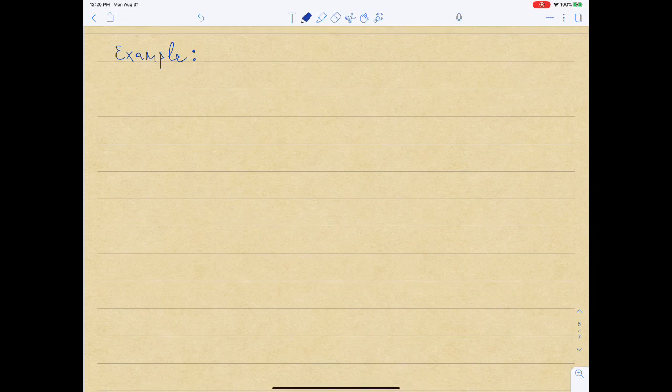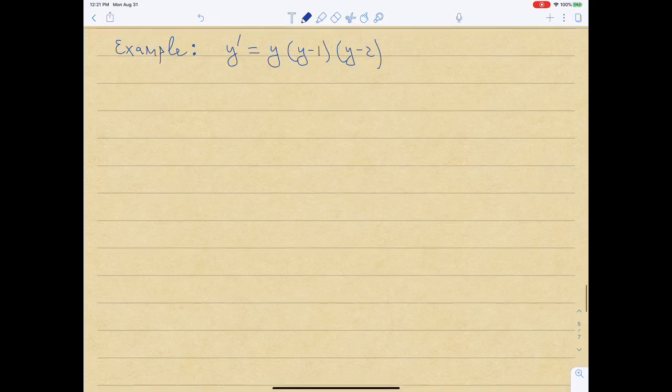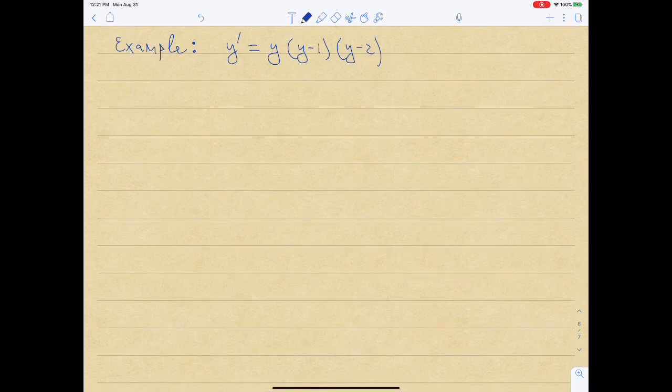So let's suppose that I want to construct this picture for an equation y prime is equal to, let's say, y times (y minus 1) times (y minus 2). So what we need to do per our discussion, first of all, we need to classify it.